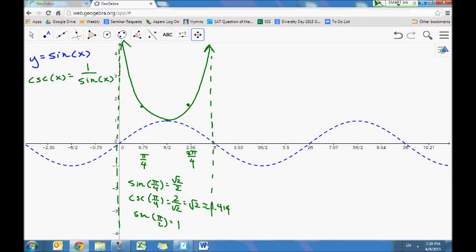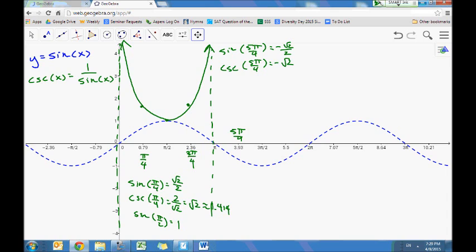Now what happens after pi? Let's see here, 5 pi fourths. The sine of 5 pi fourths is negative root 2 over 2. And so the cosecant of 5 pi fourths will be negative root 2.